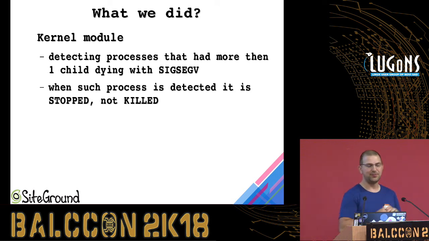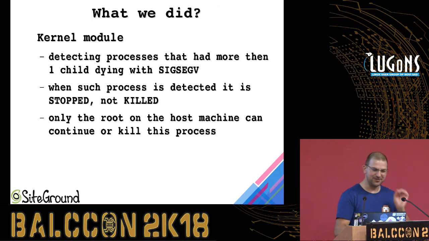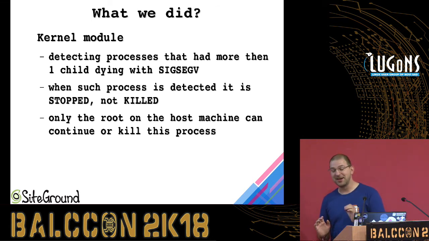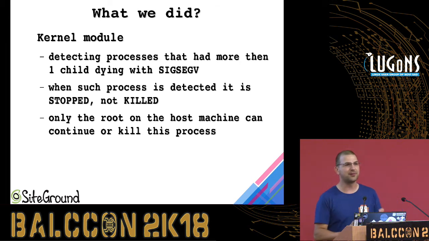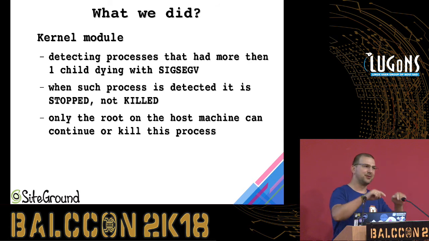But when we are pausing this, we know that the user that started the process has the ability to send SIGCONT to continue this process. So we changed a little bit the logic of kill, and now you cannot send a signal to continue a process that was stopped by our implementation. So only the root on the host machine can actually kill this process.